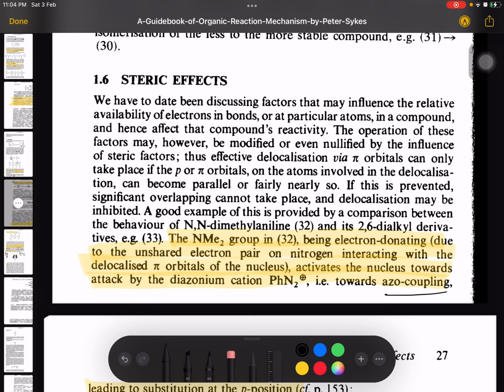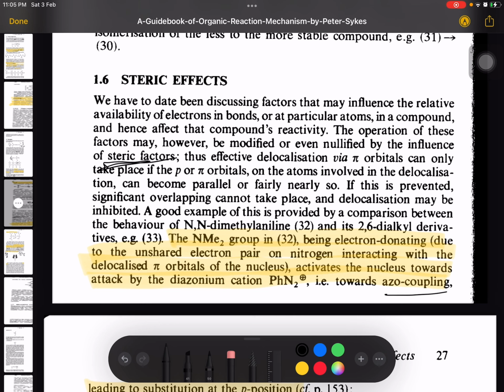Now moving to steric effects. We have so far been discussing factors that may influence the relative availability of electrons in bonds or at particular atoms in a compound, and hence affect that compound's reactivity. These may be modified or even overridden by the influence of steric factors.